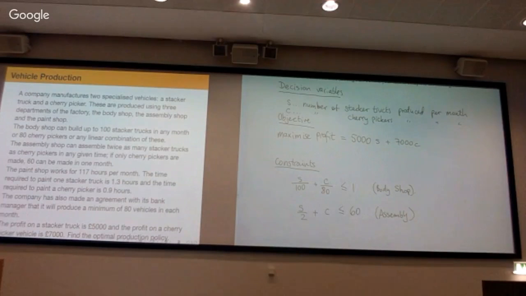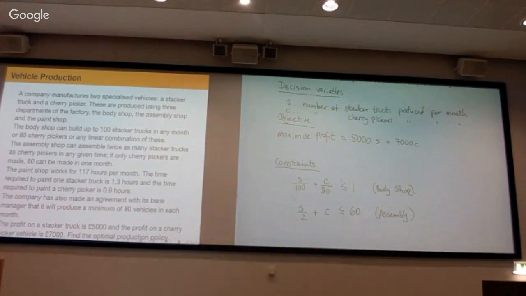Perhaps a bit tricky. So if you only build cherry pickers, you can make up to 60. Okay? If you only build stacker trucks, then you can make double the number. So you can put 120 there.